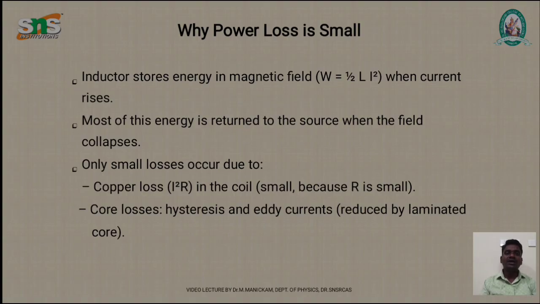Only small losses occur: the copper loss, I square R, in the coil, which is small because the resistance is small; and core losses, hysteresis and eddy current losses, which are reduced by laminating the core. These are the reasons why the power loss is minimal.